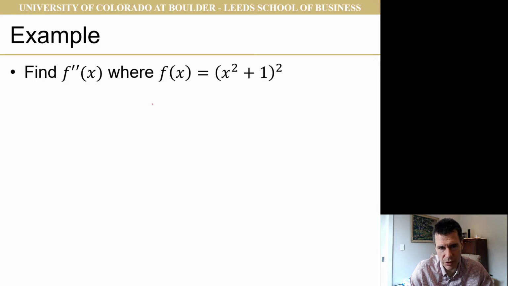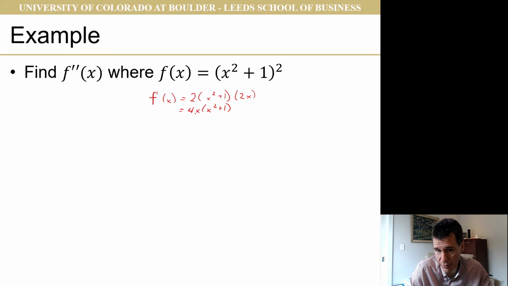So let's take the first derivative. f prime of x equals, we've got a chain rule going on here, 2 times (x squared plus 1) to the power 1 times 2x. I'm going to simplify this a little bit, maybe we'll leave it as 4x times (x squared plus 1). Alternatively, we can multiply it all the way through. It doesn't matter, but let's leave it like this.